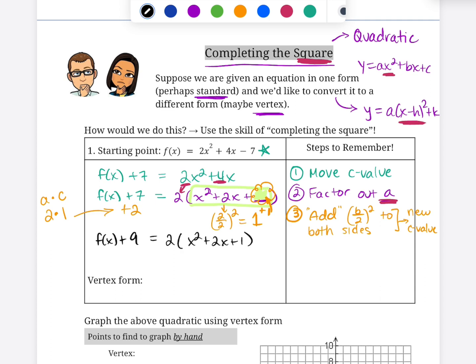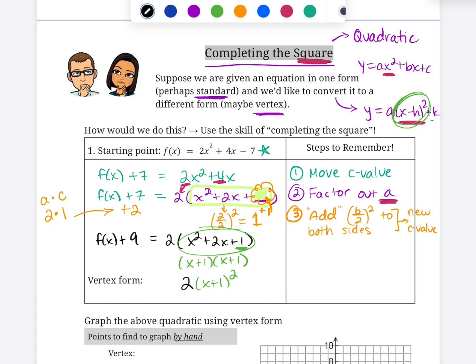To recap, by introducing the 1, this quadratic is now a perfect square, meaning if I went to factor it, it would be the same binomial repeated. x plus 1 times x plus 1 gives you x squared plus 2x plus 1. That's exactly what we want because that means we can rewrite it as (x plus 1) squared, a quantity squared, with our a value out in front.